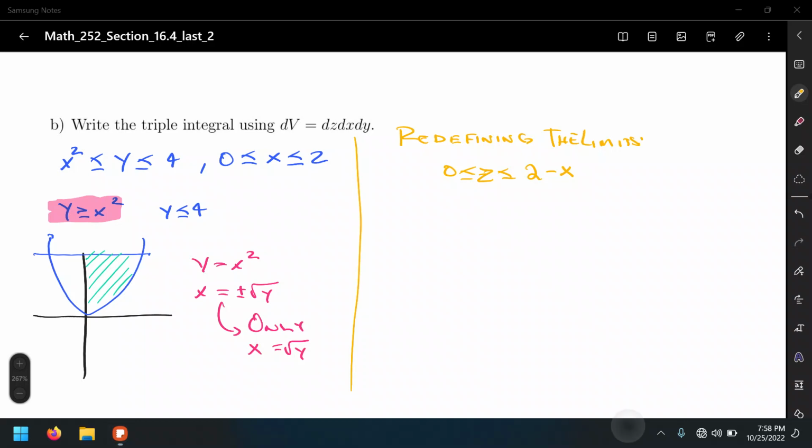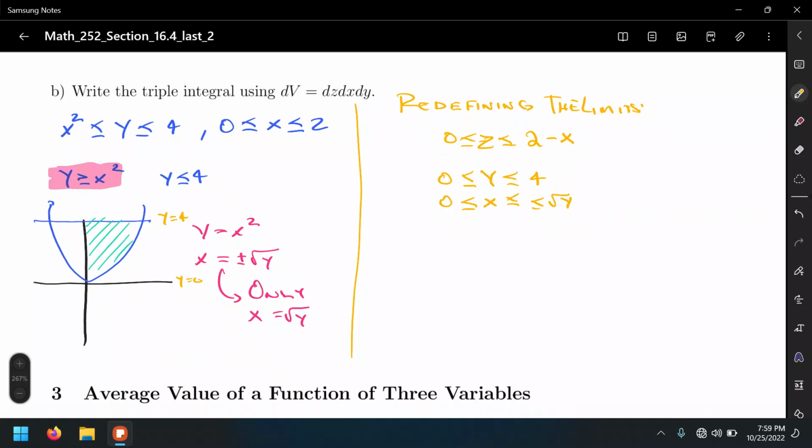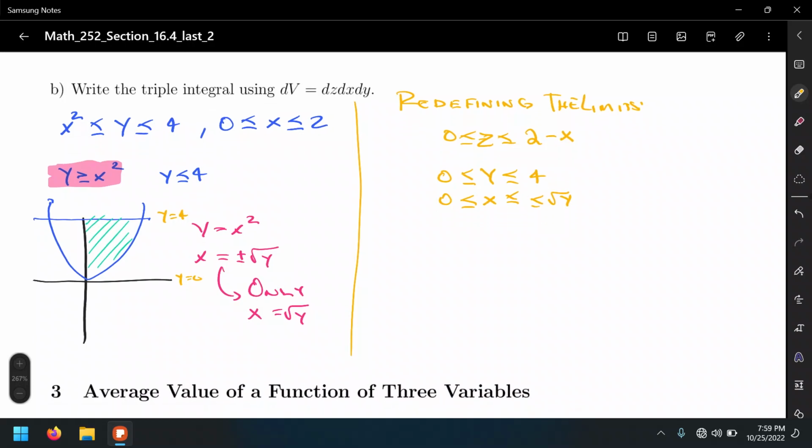And what's next? y will vary between 0 and 4, because this is y equals 0 and this is y equals 4, those were our horizontal lines. So in the vertical direction, that's what we have. And in the x direction, x varies between 0 and root of y. But be careful with the order once we start writing the triple integral.